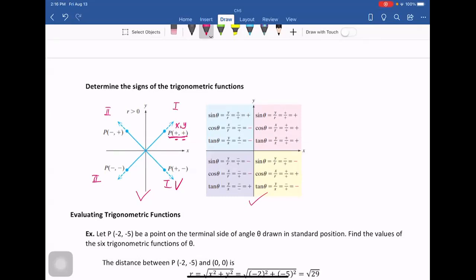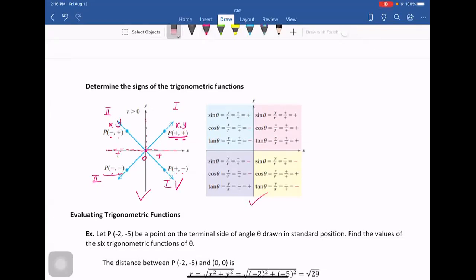In the second quadrant, x is negative and y is positive, because this side is positive and this side is negative. In the third quadrant, negative, negative. Fourth quadrant, positive and negative.